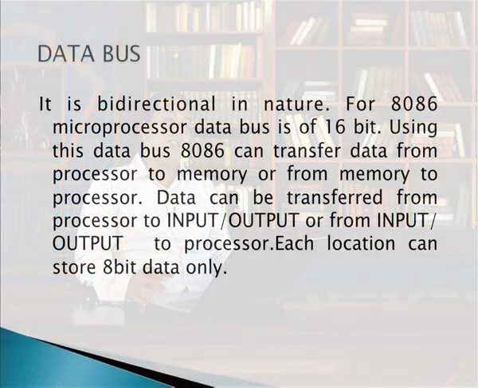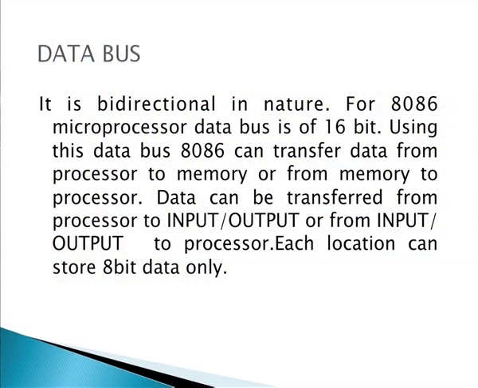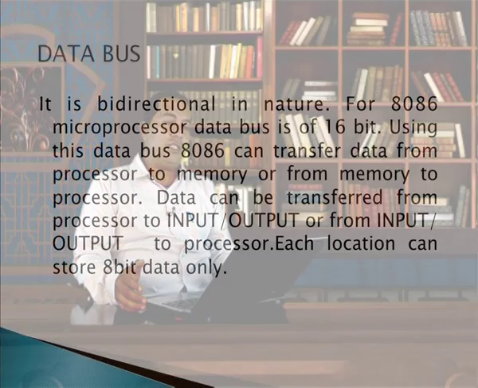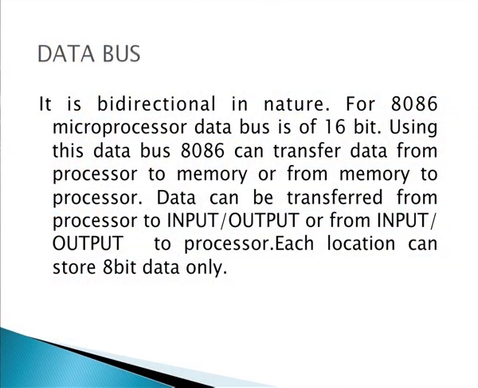Once the address is decoded, now the microprocessor bus system is ready for further processing. So, once the address is decoded or identified, the next bus comes into the role. Now, this next bus is the data bus. This data bus is solely responsible for transfer of data between the microprocessor and the memory or the microprocessor and the IO. This data bus is bidirectional in nature.